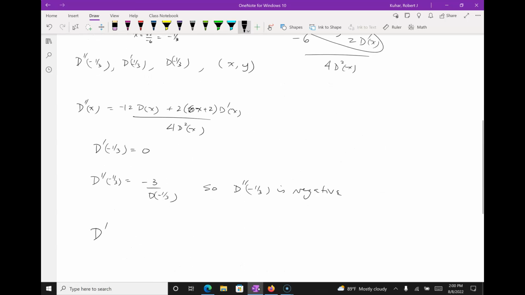So I want to find the distance. Sorry, I want to find d of negative 1/3.